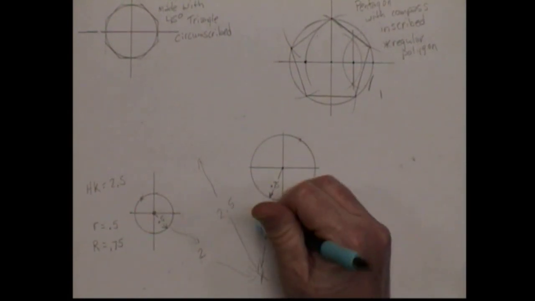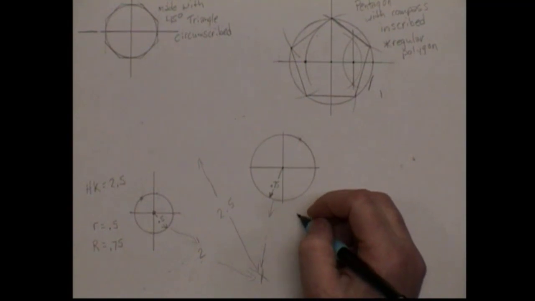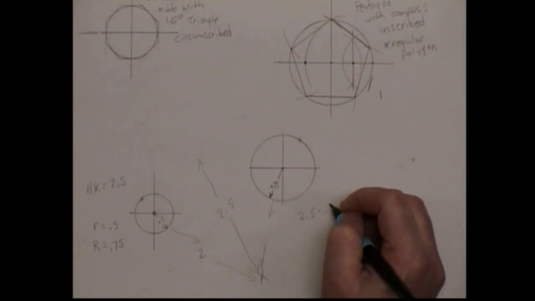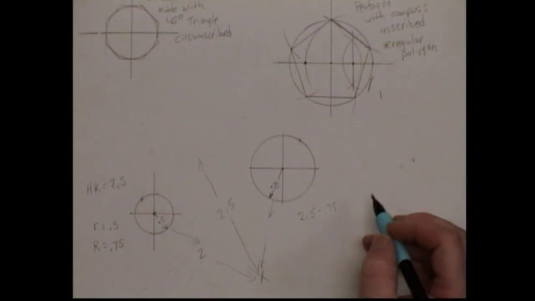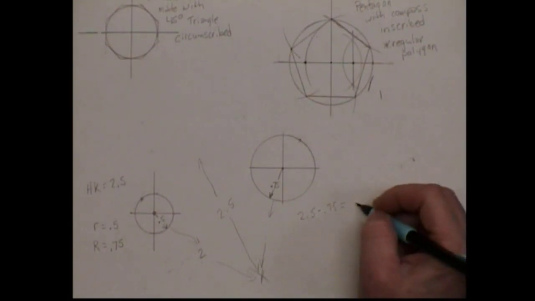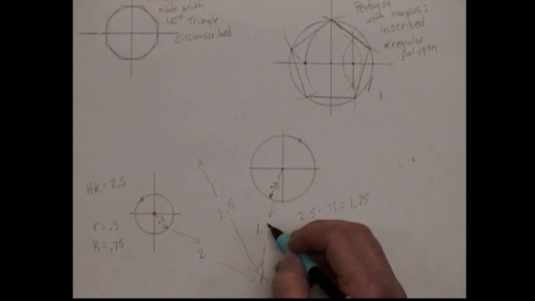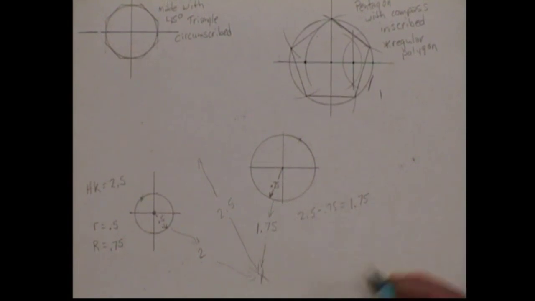And then HK minus big R, what's 2.5 minus 0.75? It's 1.75, right? So our distance here is 1.75.